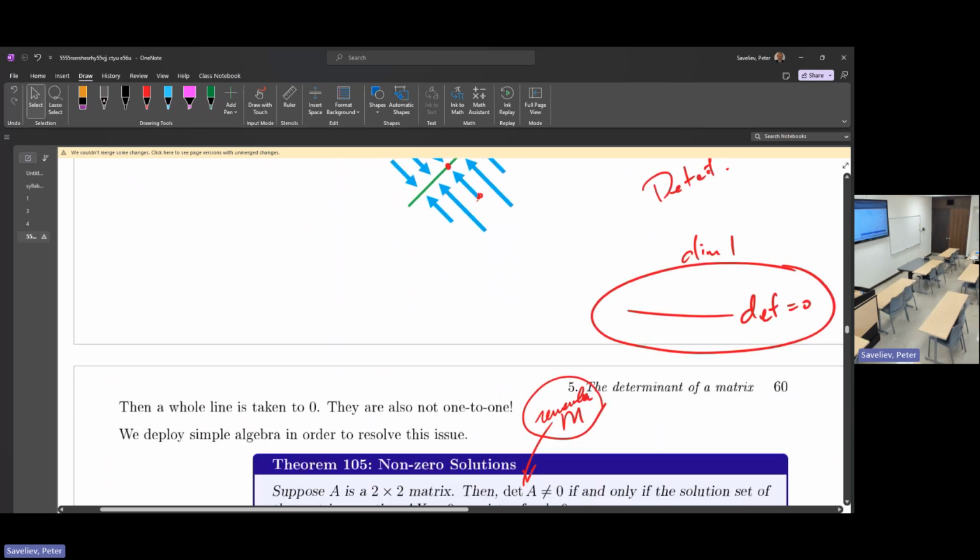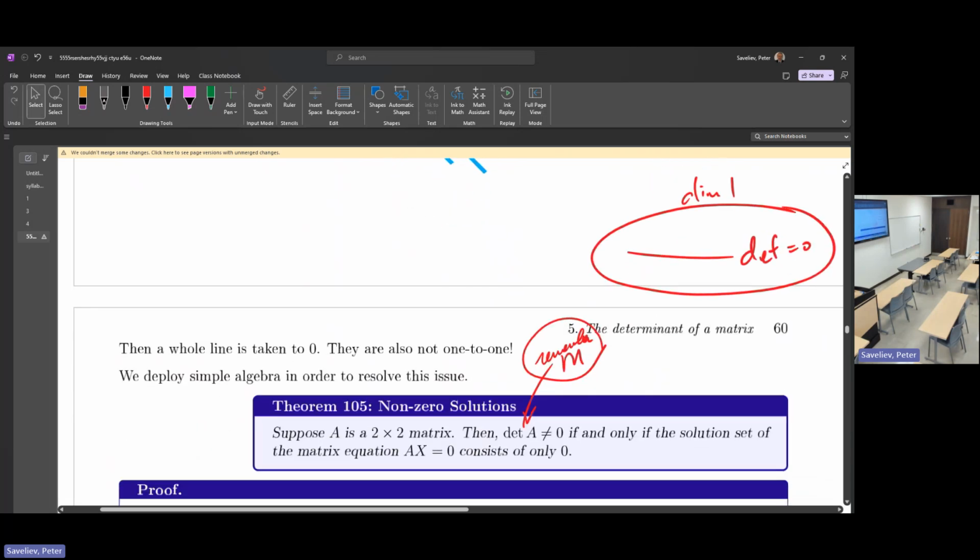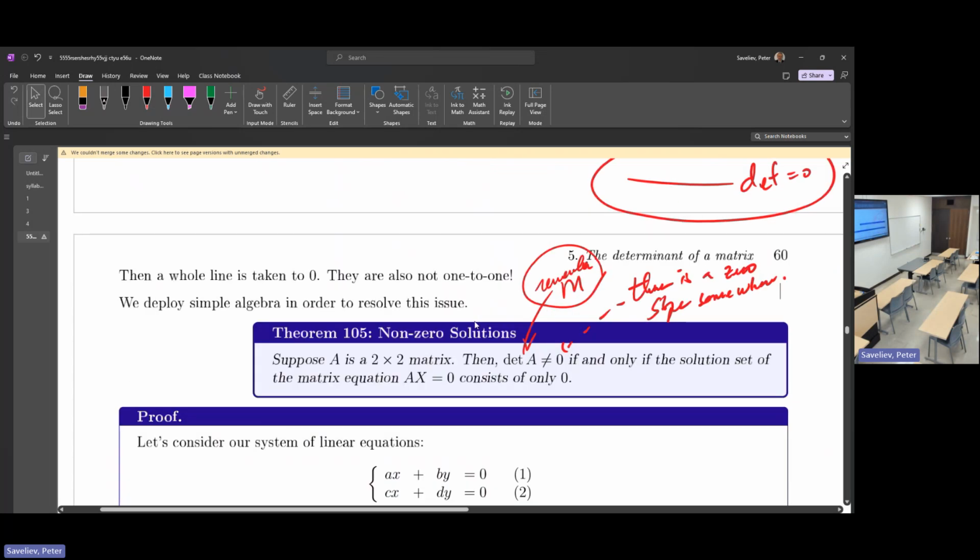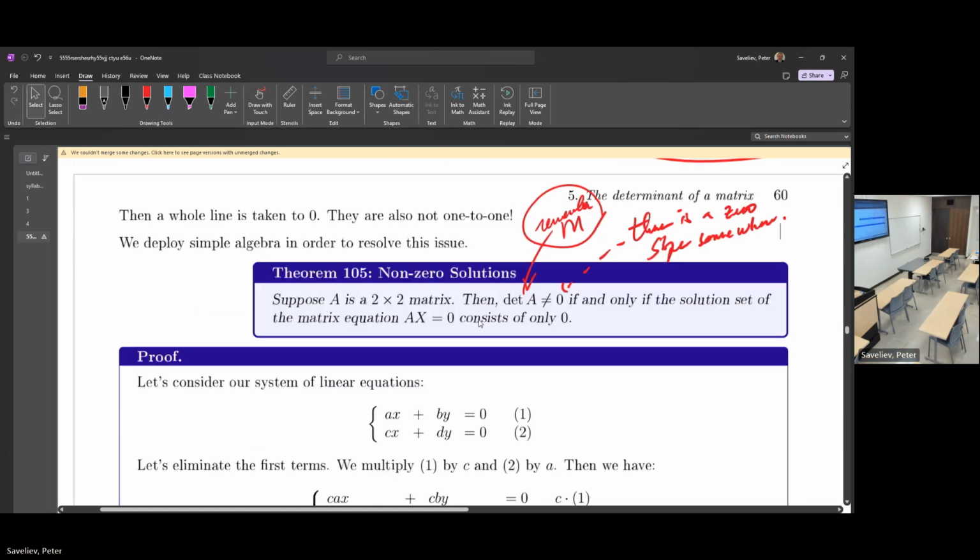Informally, there is a 0 slope somewhere, which indicates that it's not going to be one-to-one. So once again, the determinant tells us when it is equal to 0 that it's not one-to-one.